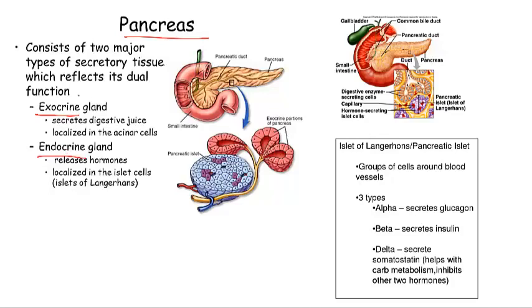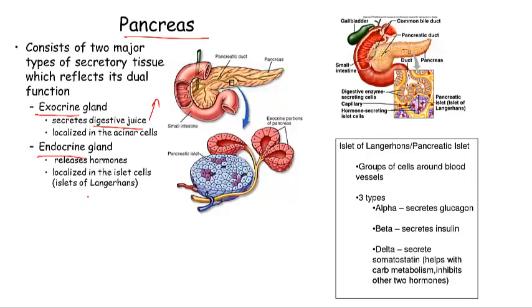The exocrine activity invests in digestive juice production, and that juice helps us digest proteins and fat. The endocrine cells present in the pancreas secrete very important hormones that control the glucose level in our body as well as other functions.